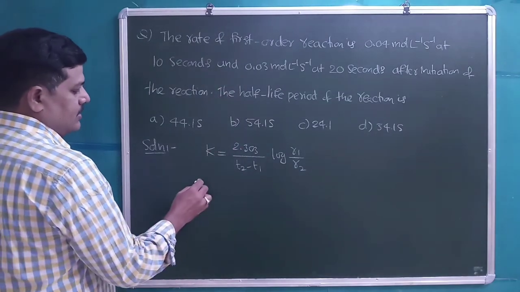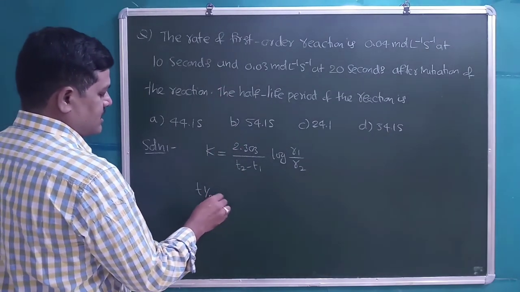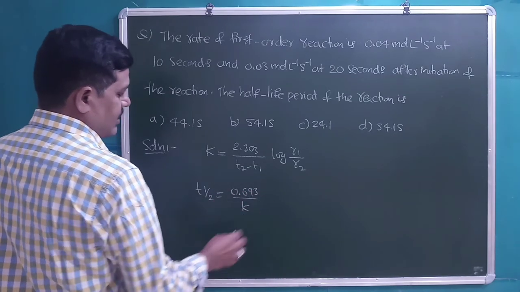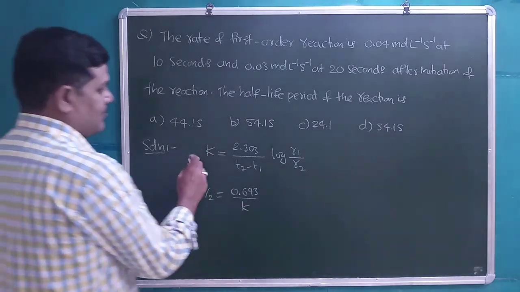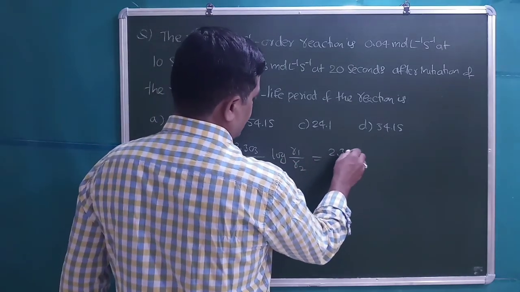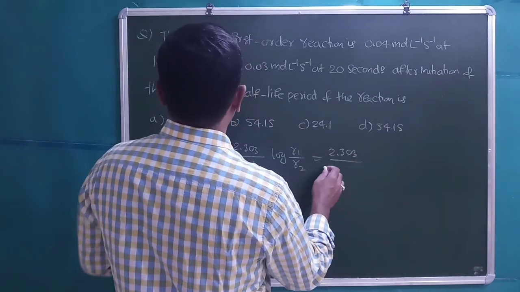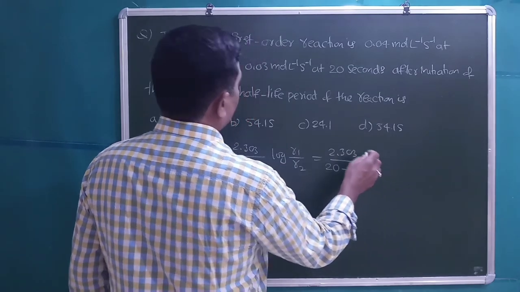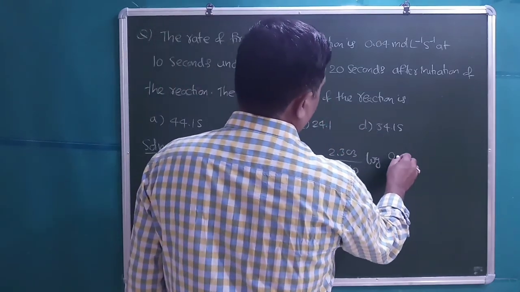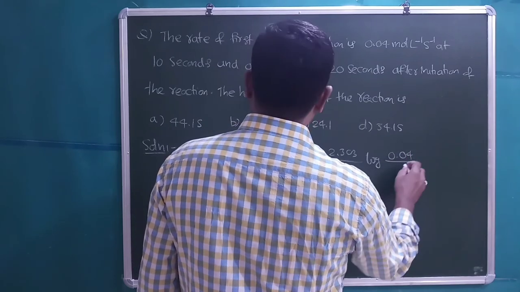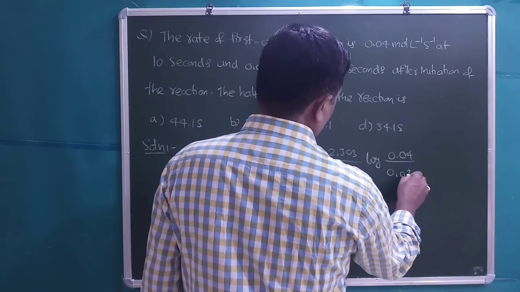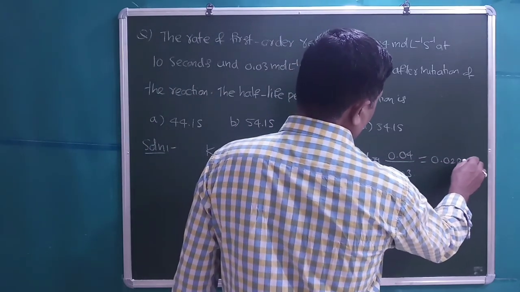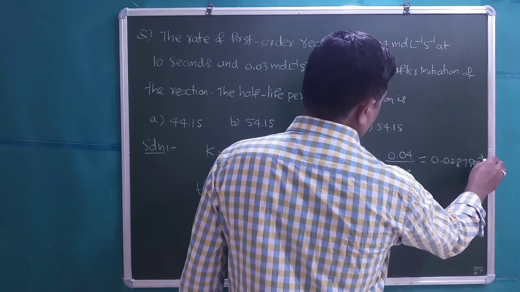Then we know for the first order reaction, t half is equal to 0.693 by K. First let us calculate K. It is 2.303 by 20 minus 10, with time given in seconds, log of R1 which is 0.04 by R2 which is 0.03. On simplifying, we will get 0.0287 second inverse.